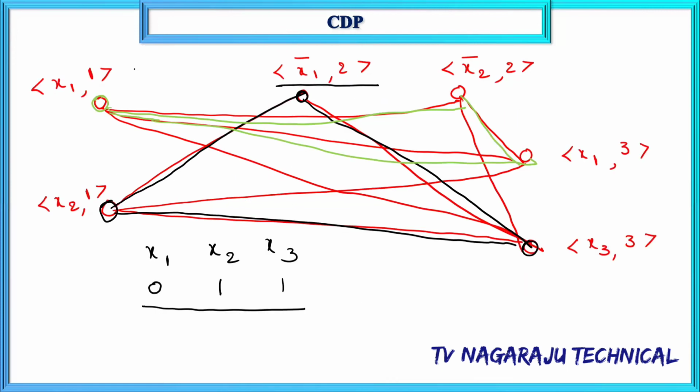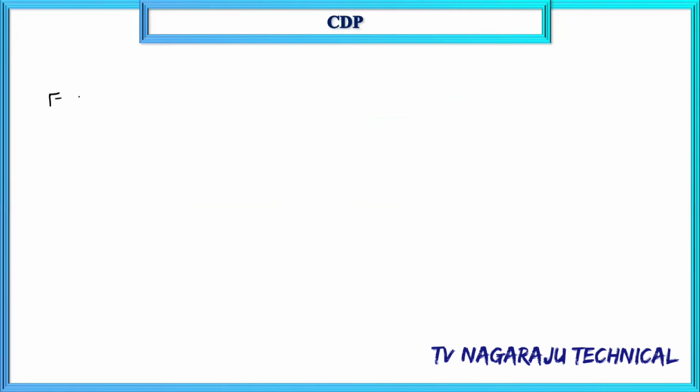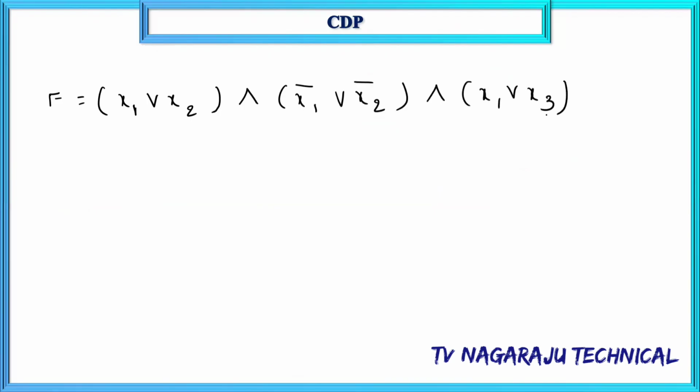I will write it down one more time. What is f? f is equal to (x1 or x2) and (x1 bar or x2 bar) and (x1 or x3). What are the values? x1 is equal to 0, x2 is equal to 1, x3 is equal to 1.